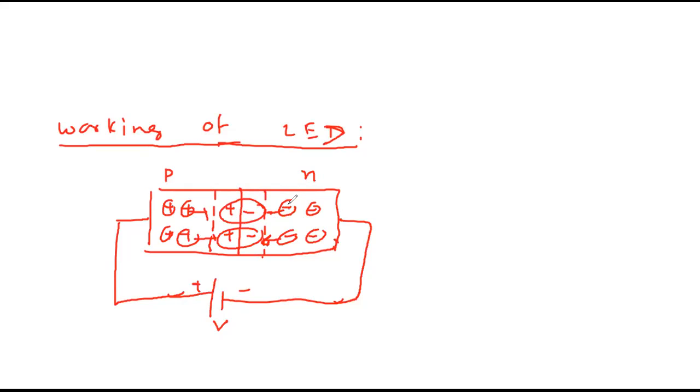That means free electrons jump into positive holes which are present in the valence band, and hence they fall from high energy level to low energy level and emit light. Therefore, it goes from high to low and radiates energy which is in the visible region. Hence, we are able to see that light. Just draw this diagram for working.